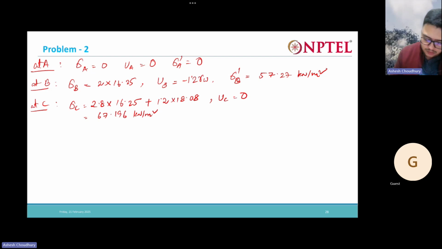The pore pressure is 0, and effective stress is nothing but 67.6.